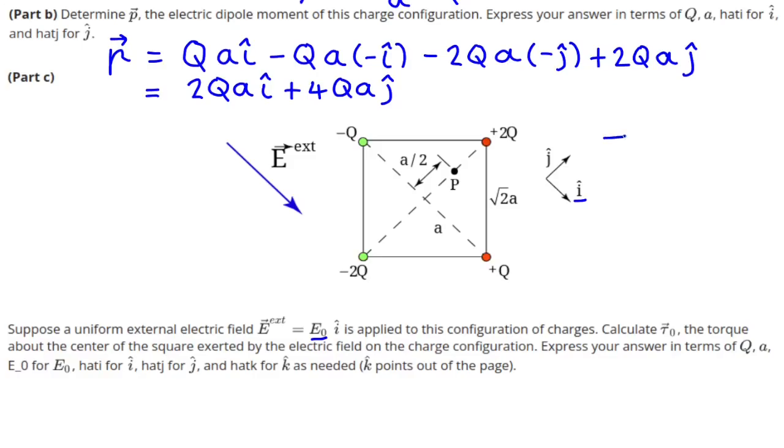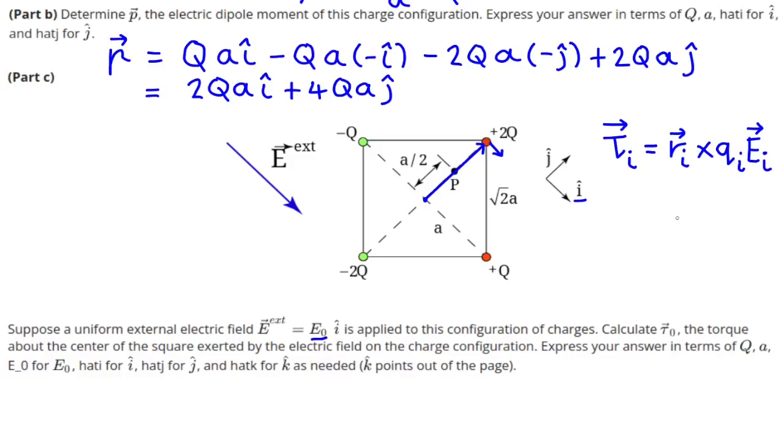So the torque due to the electric force acting on a single charge about a chosen point is the cross product between the position vector to that charge and the electric force. So the torque is also a vector, and the electric force acting on a charge is the charge by the electric field at that point.